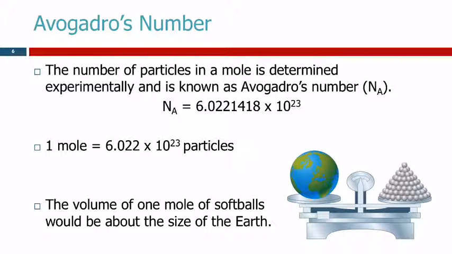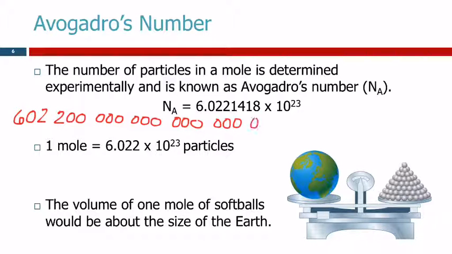So if we wrote it in decimal form, let's see, 1, 2, 3, 4, 5, 6, 7, 8, 9, 10, 11, 12, 13, 14, 15, 16, 17, 18, 19, 20. That many. It's a really, really big number. So the mole is 6.022 times 10 to the 23rd particles.